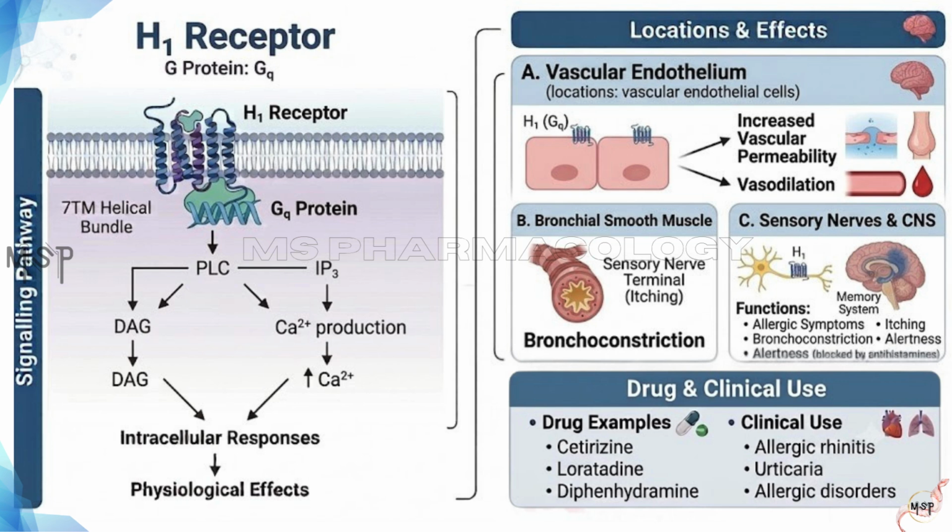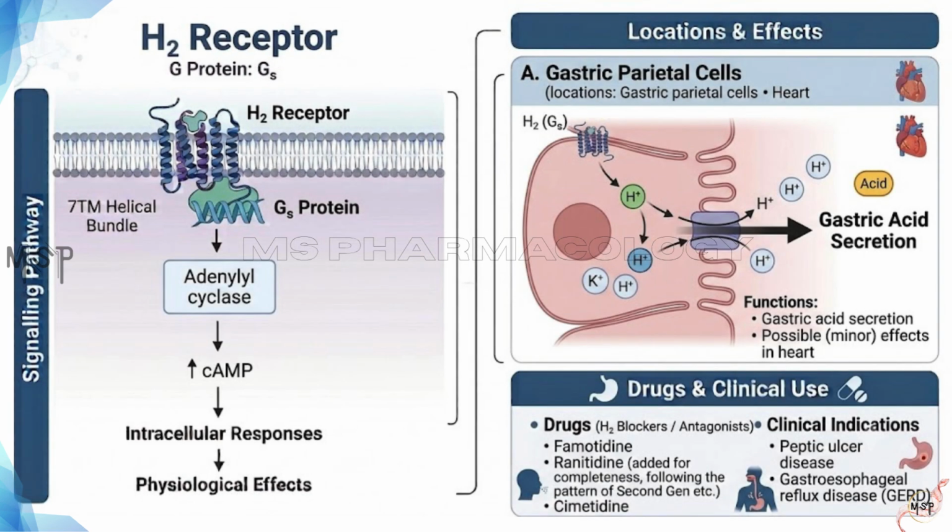From a clinical perspective, these effects are effectively blocked by H1 antihistamines. Drugs such as cetirizine, loratadine, and diphenhydramine are widely used in the treatment of allergic rhinitis, urticaria, and other allergic conditions. Next is the H2 receptor.